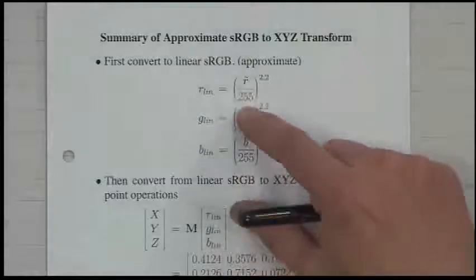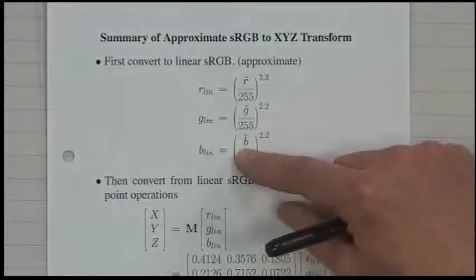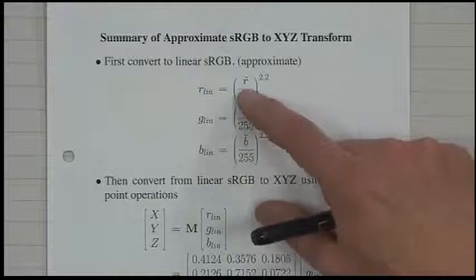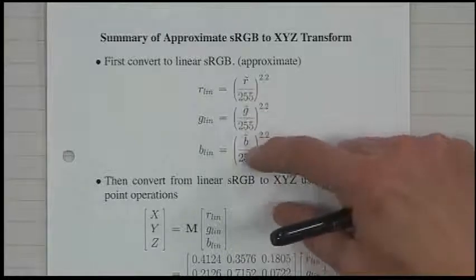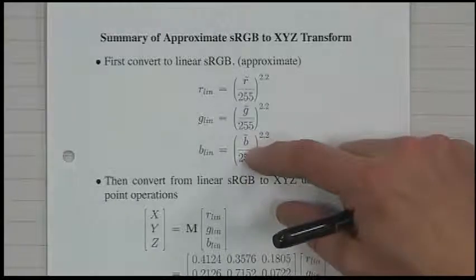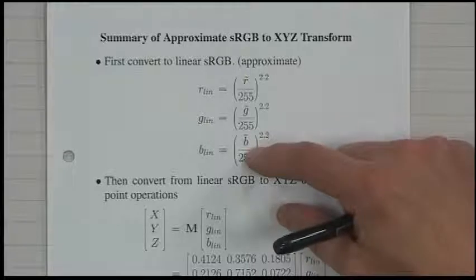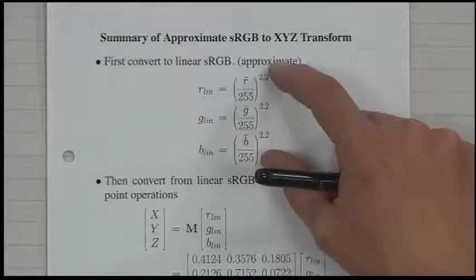So basically, over here, the tilde R, tilde G, tilde B are the sRGB values. And then the first thing you do is you have to linearize them.